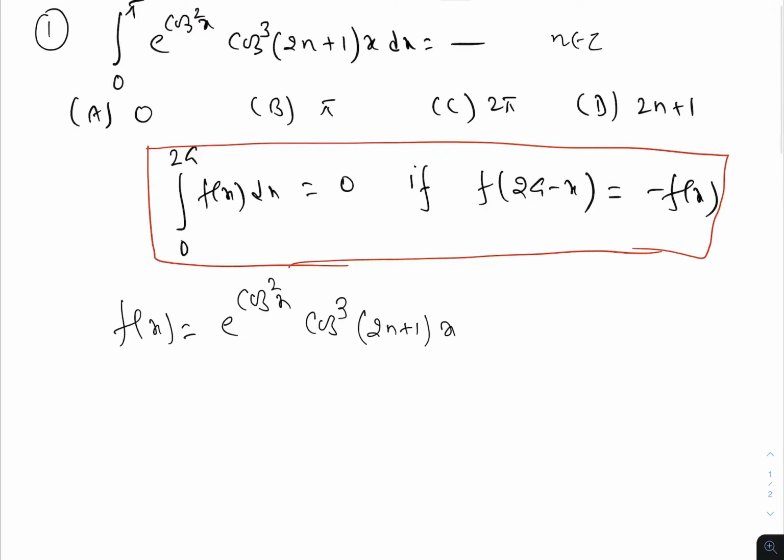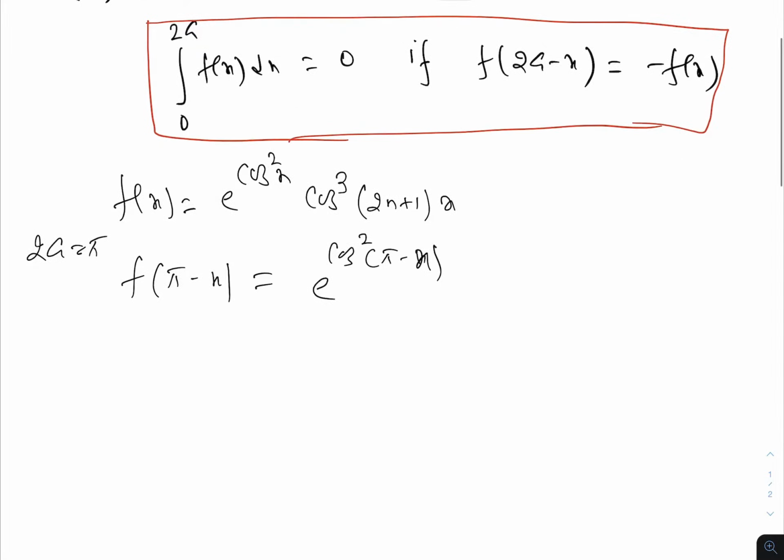So let us take 2a as pi. So f of 2a minus x, that means f of pi minus x, is e power cos square of (pi minus x), cos cube of (2n plus 1)(pi minus x).